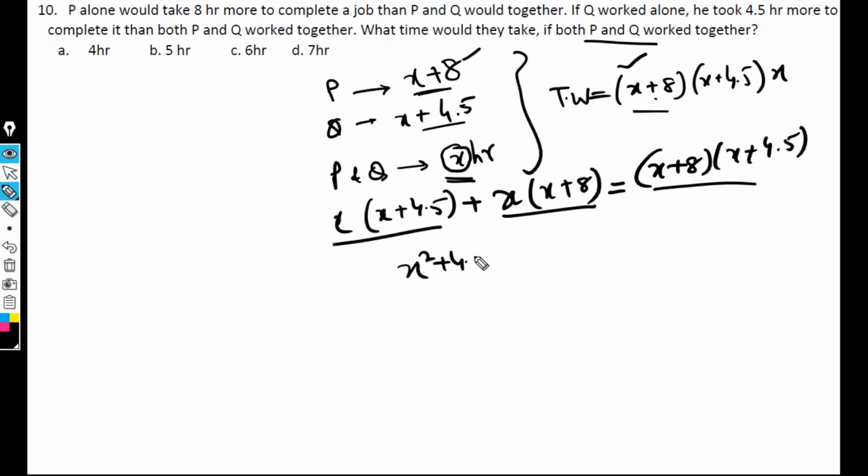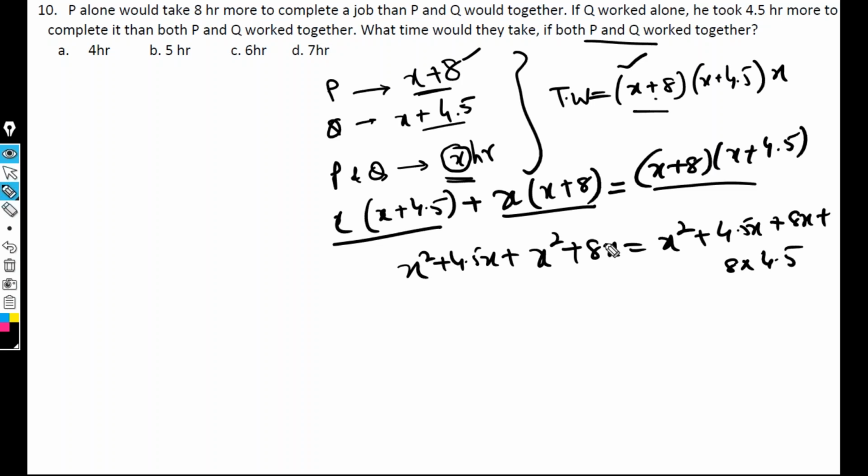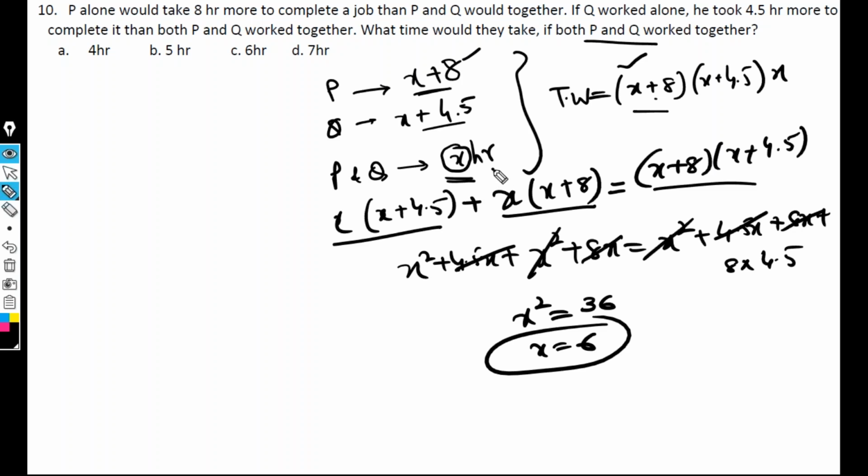X square plus 4.5x plus x square plus 8x is equivalent to x square plus 4.5x plus 8x plus 8 into 4.5. Here you can observe that these values got cancelled out. This x square got cancelled out. So x square results in 8 into 4.5, which is 36. So x comes out to be 6. This was there in the question: what would be the time taken by P and Q working together?